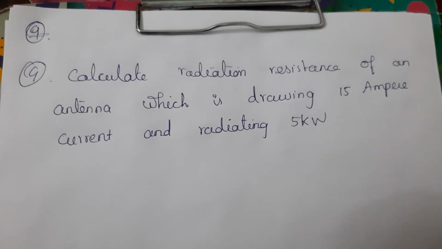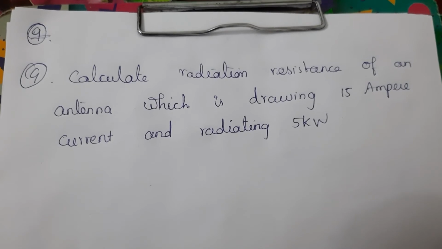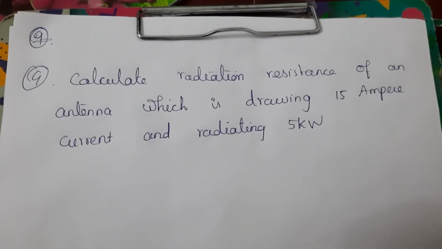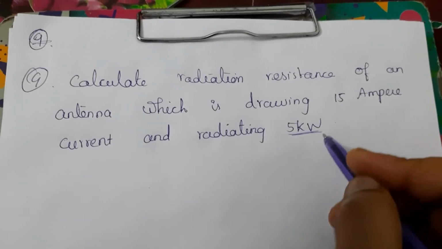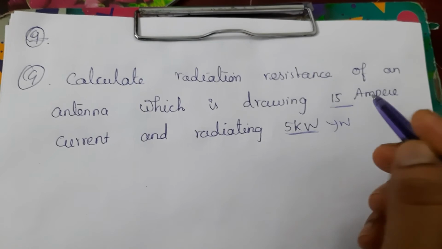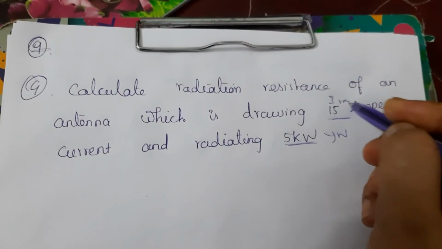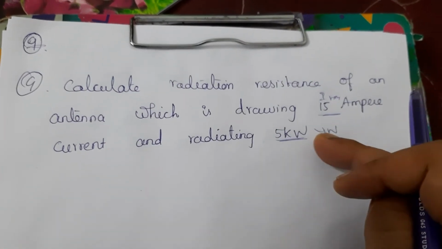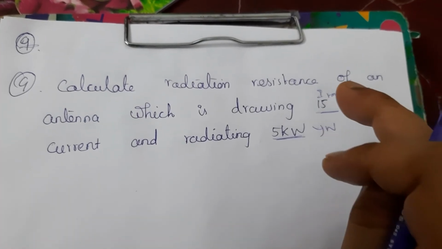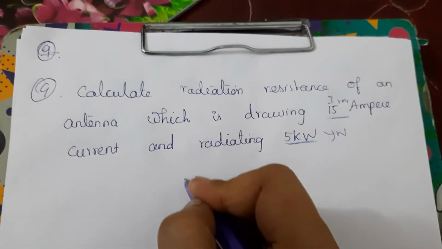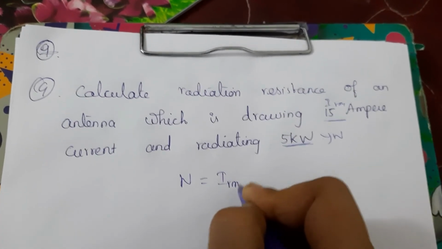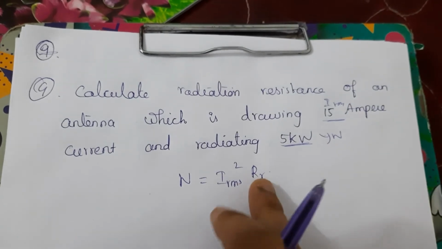Next question: calculate the radiation resistance of an antenna which is drawing 15 amps current and radiating 5 kilowatt. Here they have given W, the radiated power, and this is the current, the IRMS value. If they are giving this W and IRMS value, we find the radiation resistance using this formula: W, power, is equal to IRMS squared into radiation resistance.